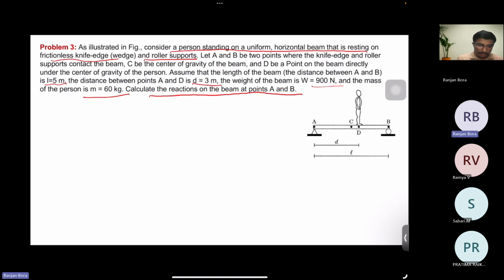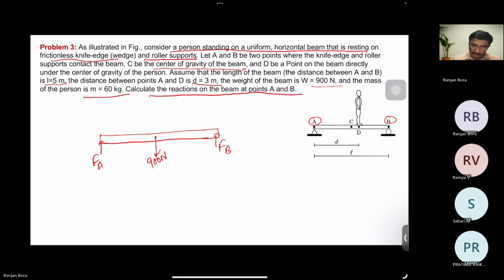First we need to draw the free body diagram of this beam, which is given. A and B are the supports. So what are the forces that will act on these supports? There will be a reaction force in the upward direction. Here it will be FA, and here it will be FB. And C is the CG of the beam, so the force that will act on C will be the weight of the beam, which is given, 900 Newton.